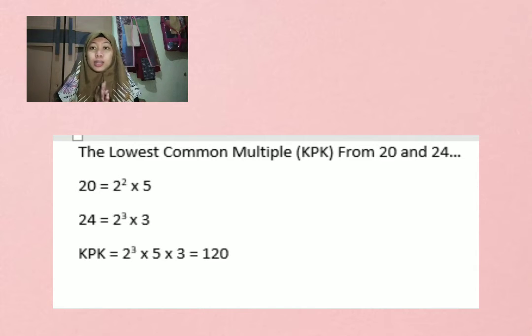We know that the factorization of 20 is 2 raised to 2 times 5, and of 24 is 2 raised to 3 times 3. So the KPK of 20 and 24 is 2 raised to 3 times 5 times 3 equals 120.